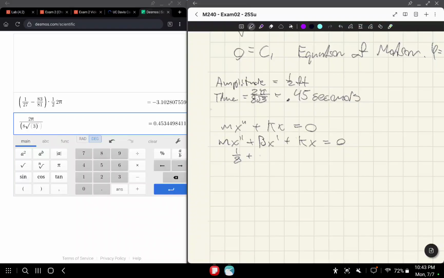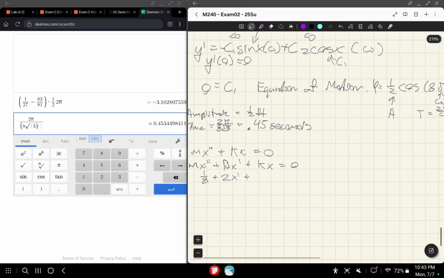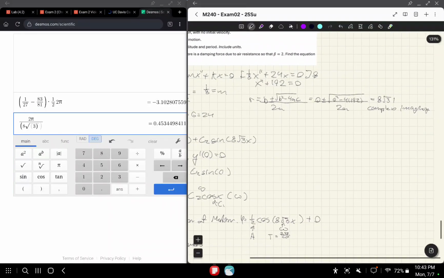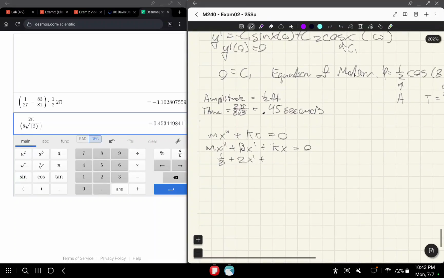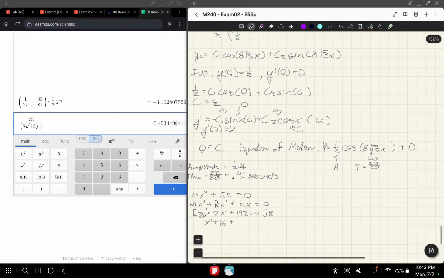8 plus 2 plus, it was like 192. We multiply this by 8 so we have a whole number. So this will be plus 16 plus, that seems like a big number.